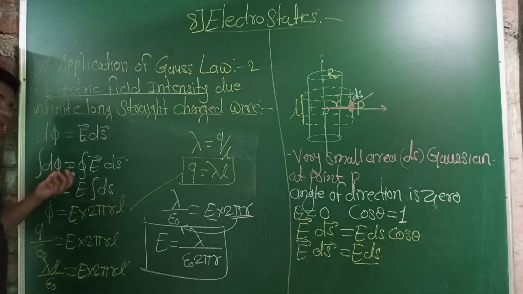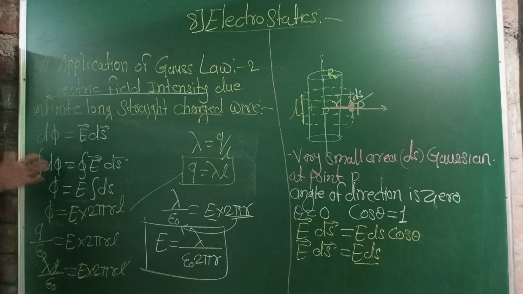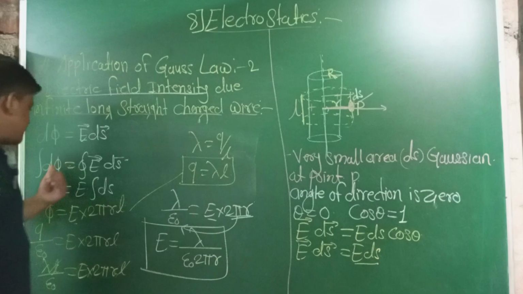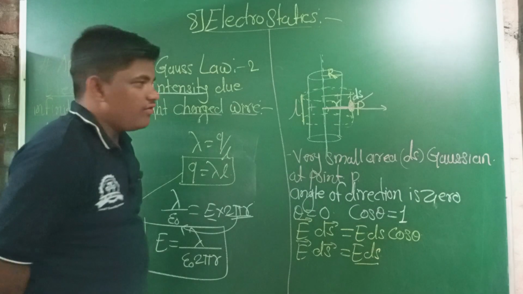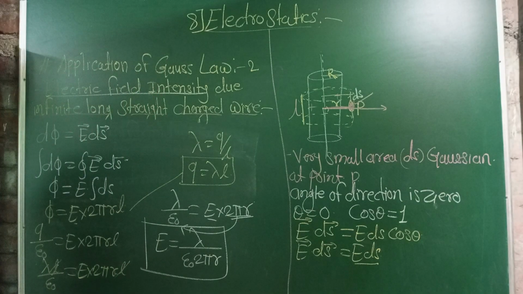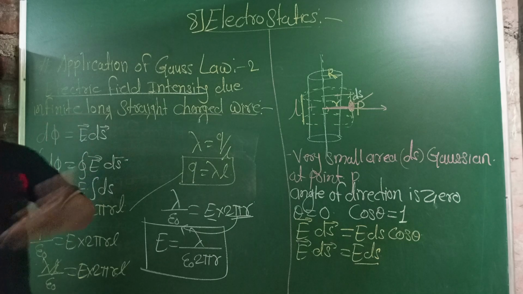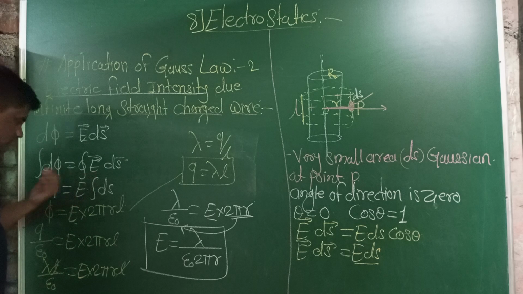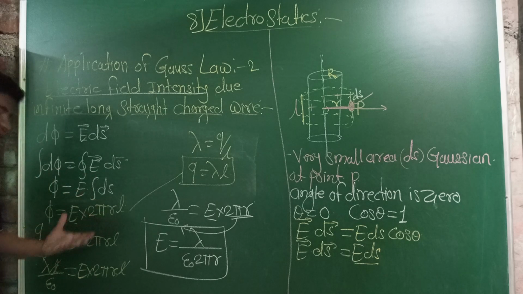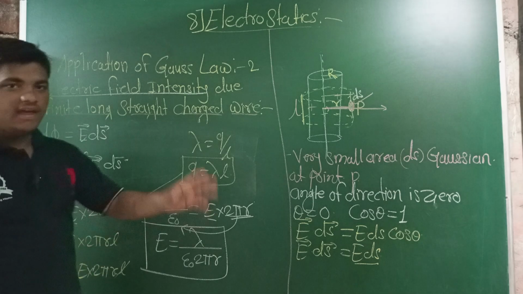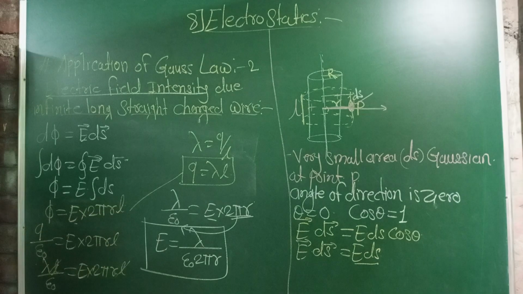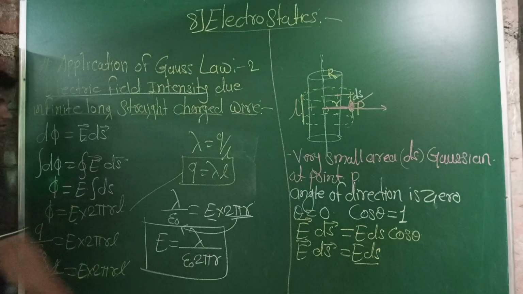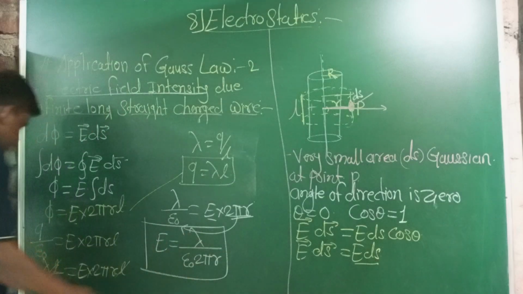Then integrating d phi to find the total electric flux, E is constant because the charge is uniformly distributed everywhere, so we take it outside. And ds is the area, that is 2 pi r into L, where L is the coaxial length.